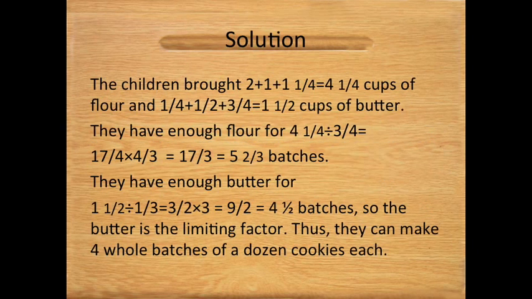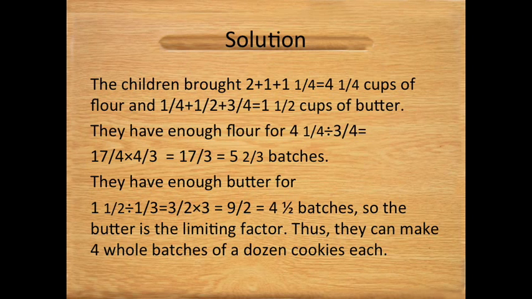So if we look at the solution and we total up all of the flour that was brought in by the students, it totals to 4 1/4 cups of flour. And if we total up the butter, it's 1 1/2 cups of butter. But remember, we have to keep the ratio of 3/4 cups of flour to 1/3 cup of butter.